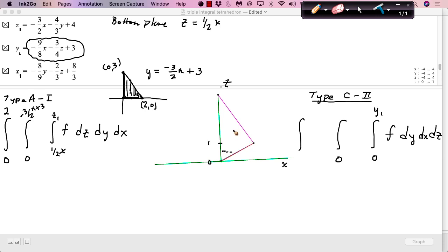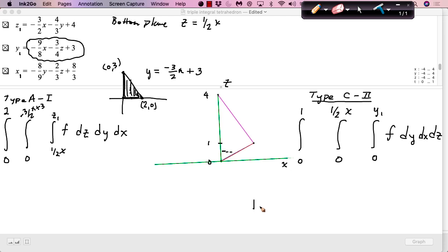And then when z is between 1 and 4, is it 1? Is it 1 and then 1 and 4? So when z is between 0 and 1, we're going to have x from 0 to 1/2 x. Is that right? That's this plane, this line 1/2 x.